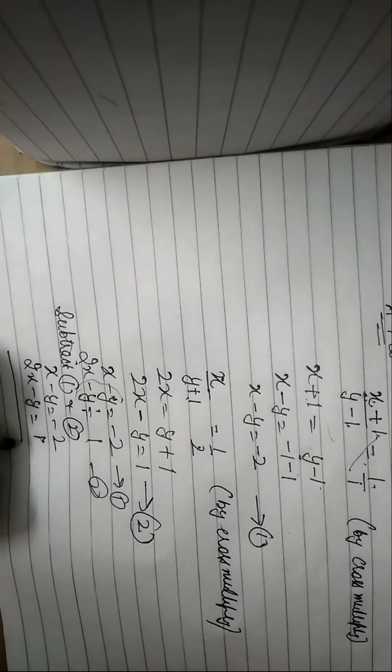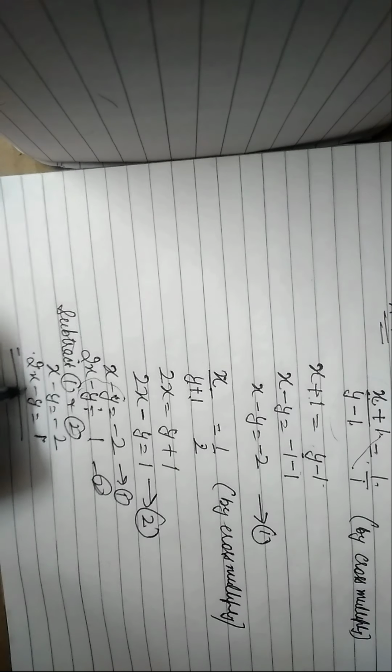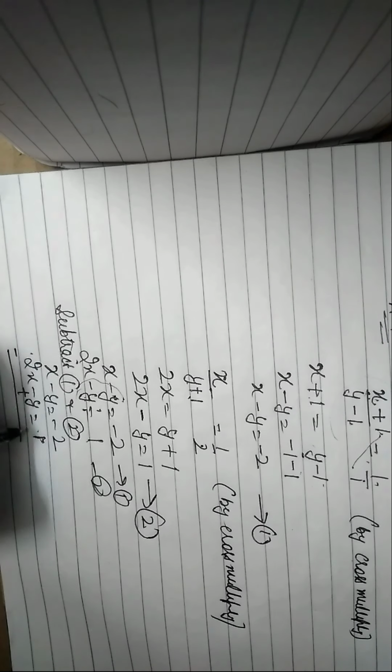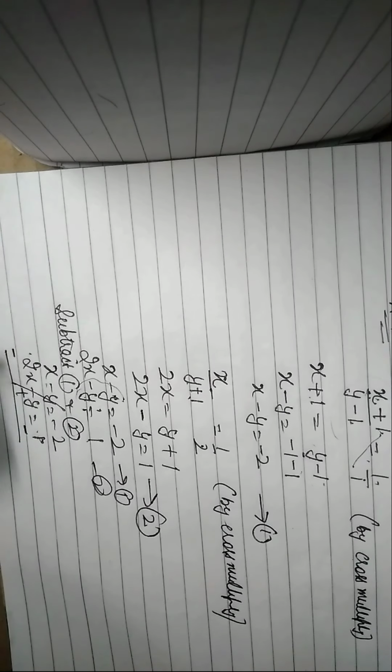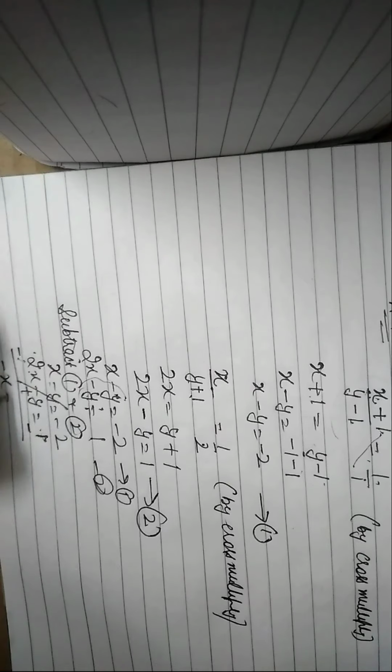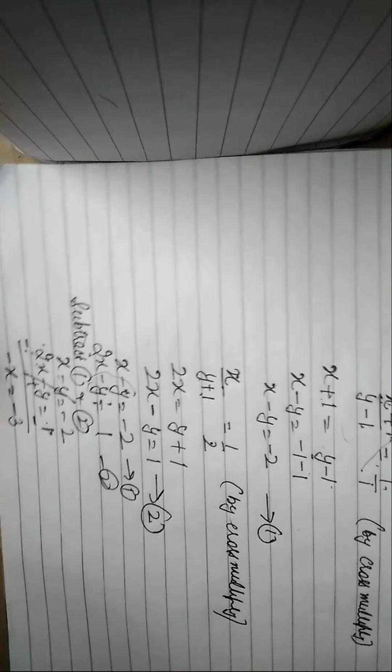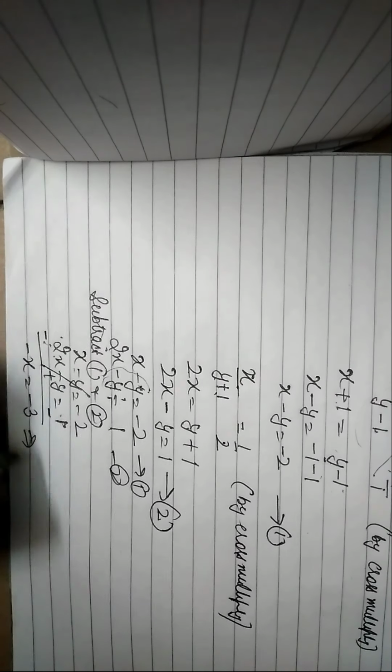Change the sign: plus 2x becomes minus 2x, minus y becomes plus y, plus 1 becomes minus 1. So minus y plus y cancel. Now minus 2x plus x, minus x, equal to minus 3. Now x is equal to 3.